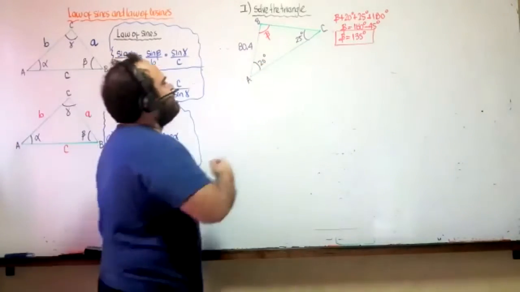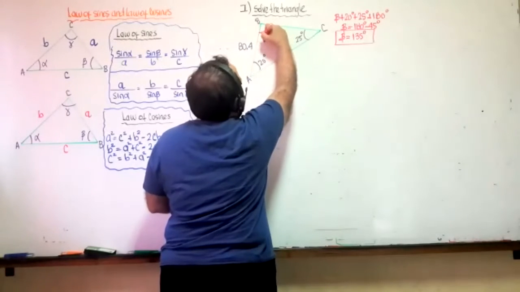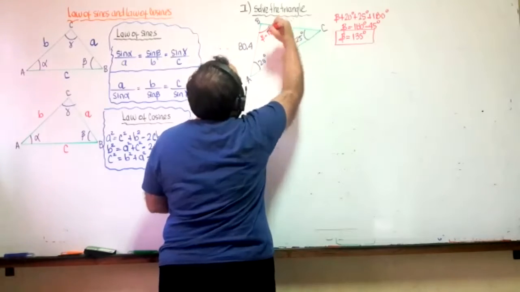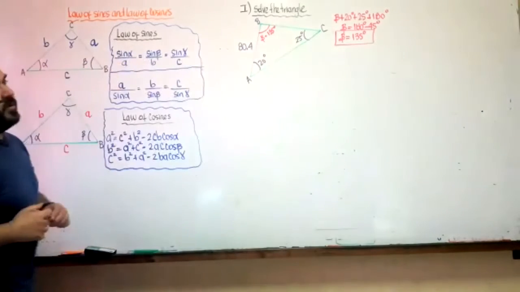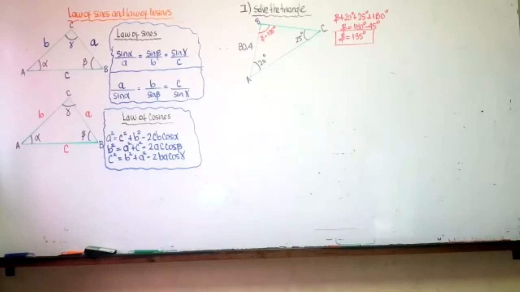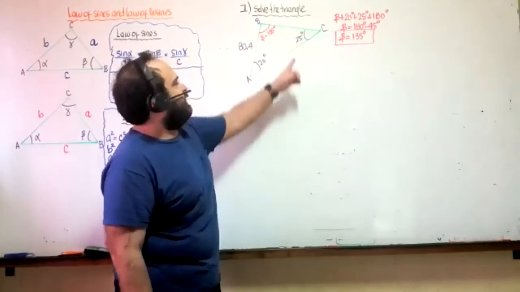Let me copy over here: beta equals 135 degrees. Okay, we got the three angles. Now we have to look for the missing sides. What is the name of the leg between B and C: A, B, or C?